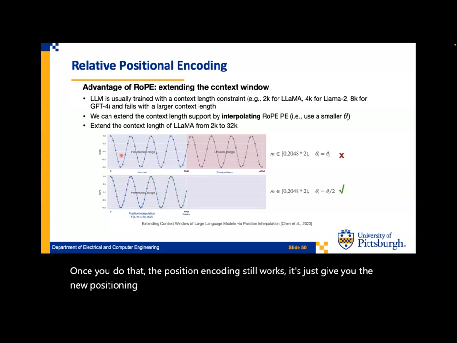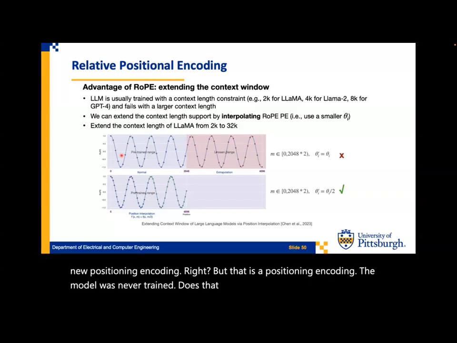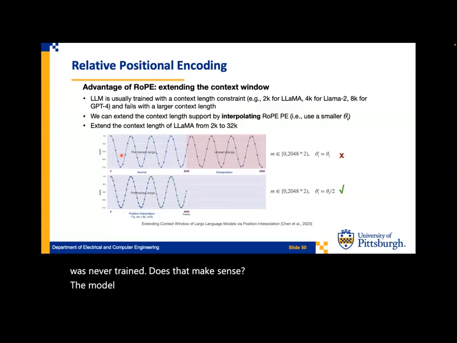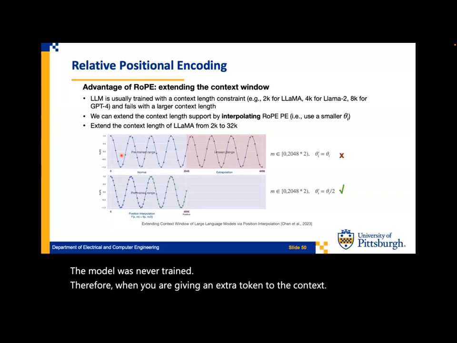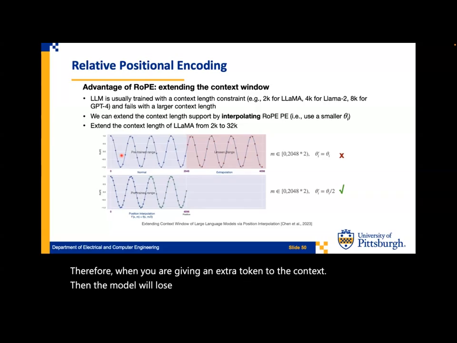But that is a position encoding the model was never trained on. Does that make sense? Therefore, when you give an extra token to the context, the model suddenly does not know how to handle that extra position encoding.